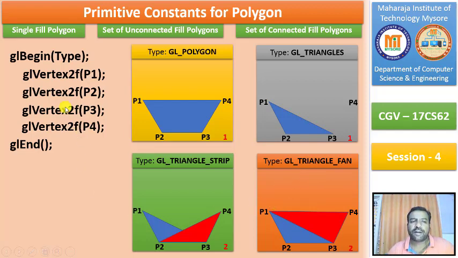In GL triangle fan, P1, P2, P3 was the first triangle which it had drawn. The second triangle is P1, P3, P4. That means the very first vertex will always be one point of the triangle. This will be the constant point for every triangle I am going to draw.